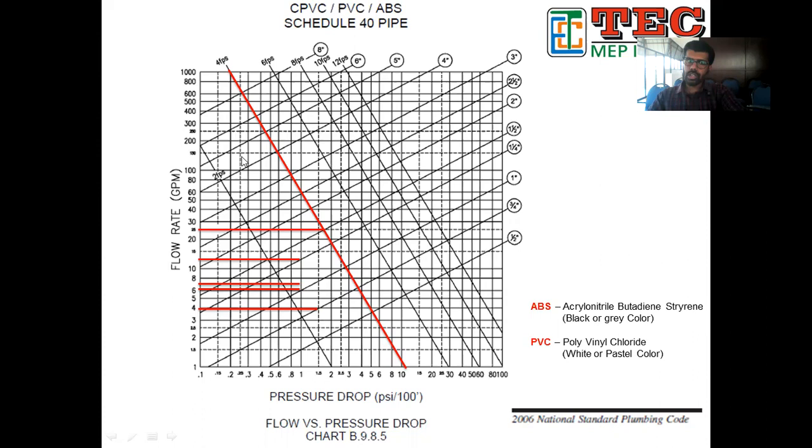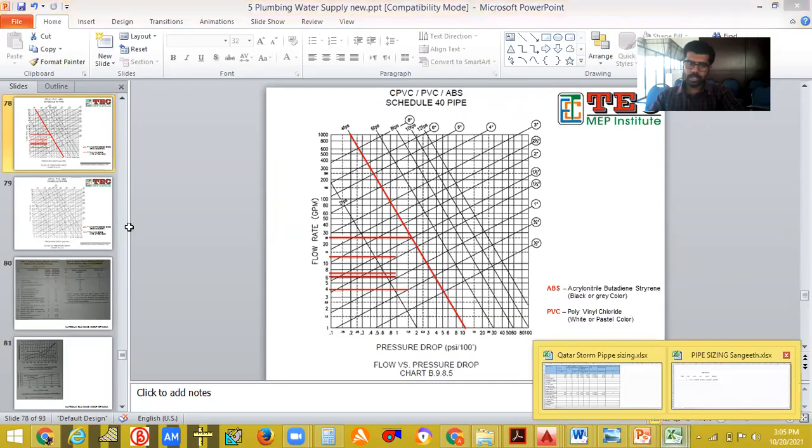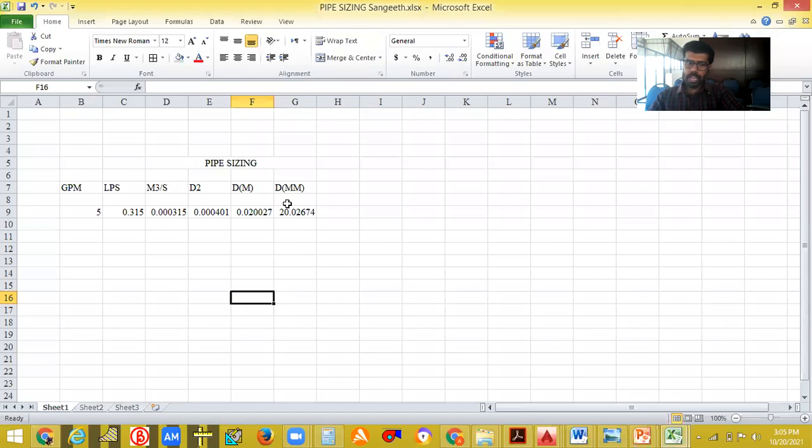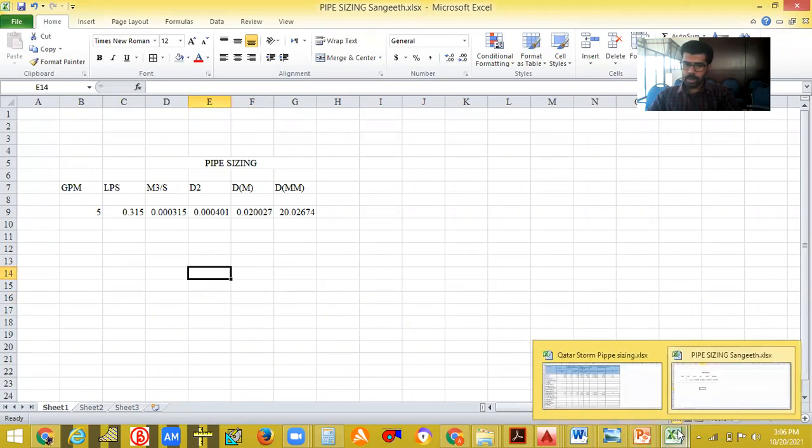Or instead of this graph, you can use the Excel sheet that I am using. Just with the GPM, the diameter will be given here. This is for my easiness. You can use either of the two methods. This method is very easy.